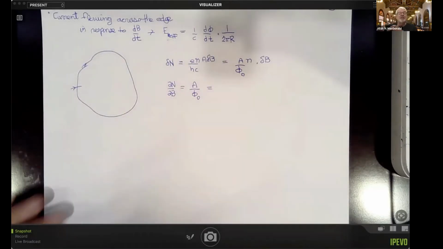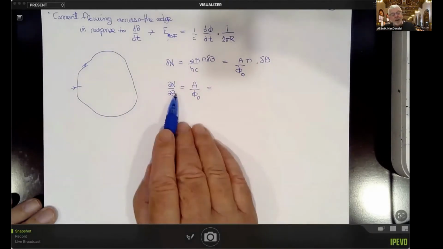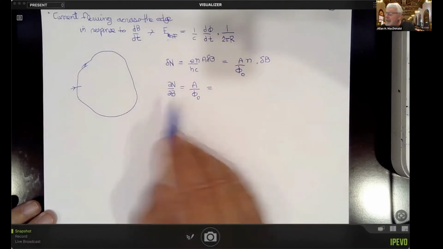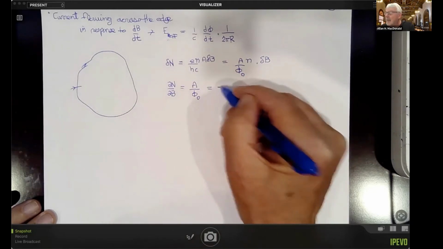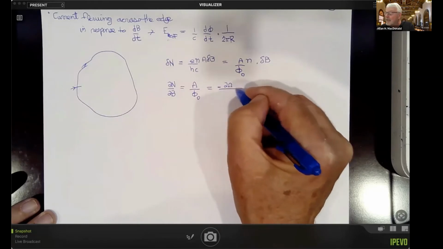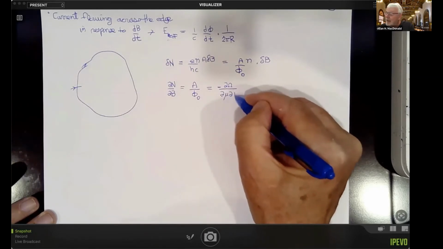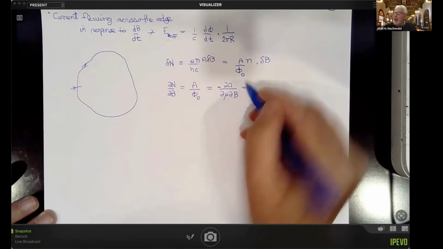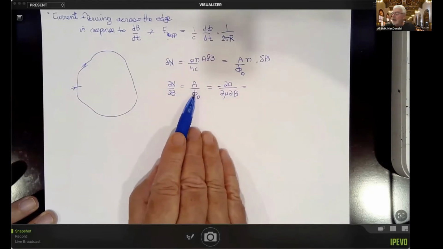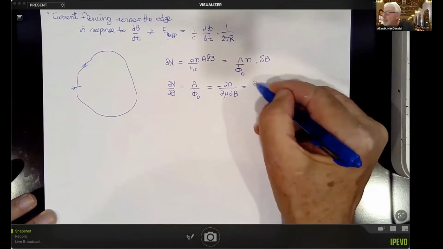If I just think about this thermodynamically, in a grand canonical ensemble, N is minus the derivative of the grand potential with respect to chemical potential. And so I can recognize this quantity A over phi naught using the Maxwell relation as dM/dmu, okay?